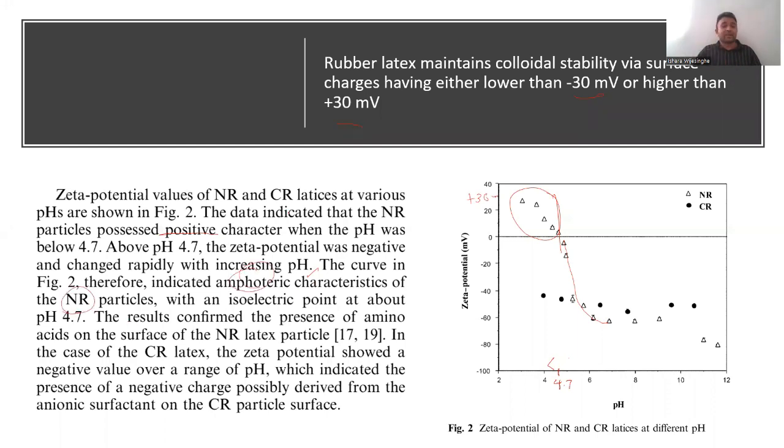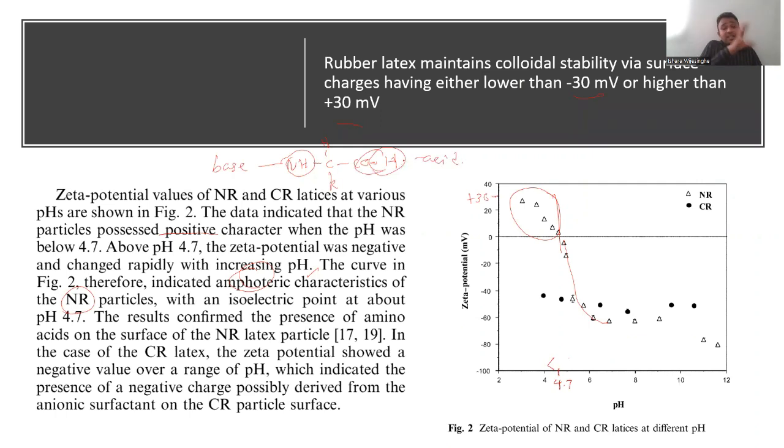Amphoteric. What is amphoteric? NH2CHRCOOH. This is amphoteric. So you talk about the protein layer, right? It contains this amine, which is a base, and this carboxylic group, which is acidic in nature.